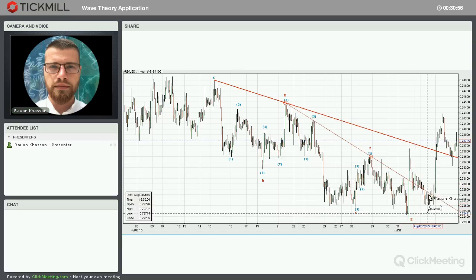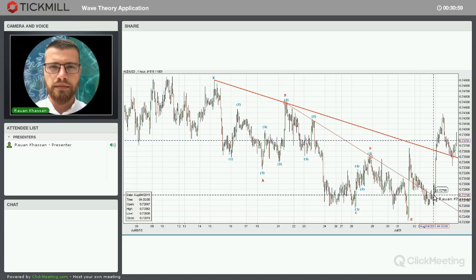The second confirmation came yesterday during the Asian session at the price level of 0.7280, when the price broke above this resistance line once again, and this time it confirmed the upward trend.